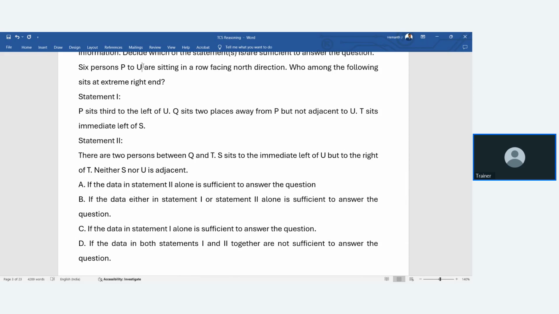Who is sitting at the right end? So there are 6 positions. You have to decide who is sitting at the right end.